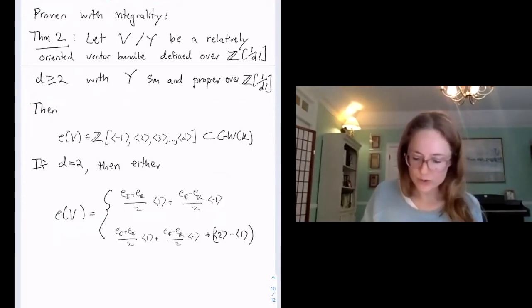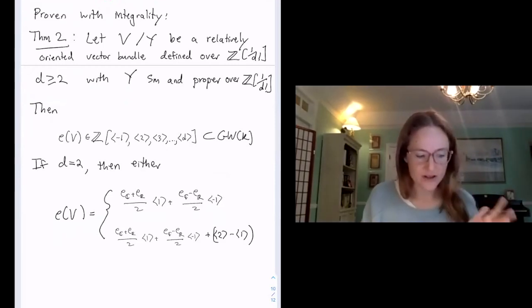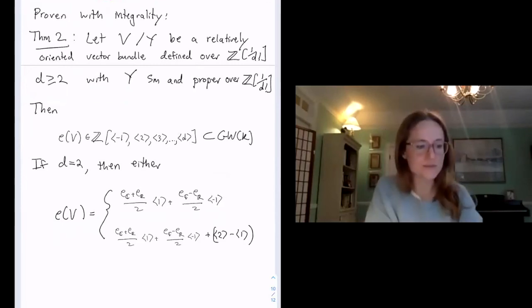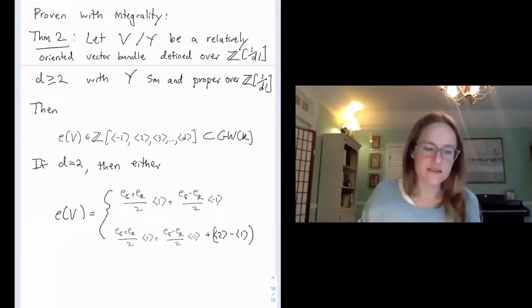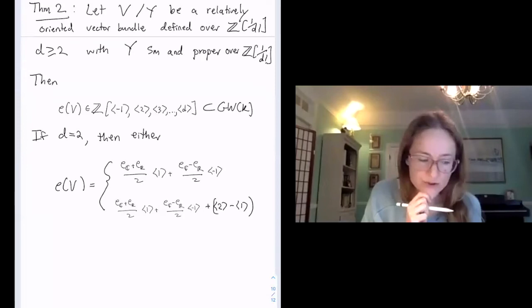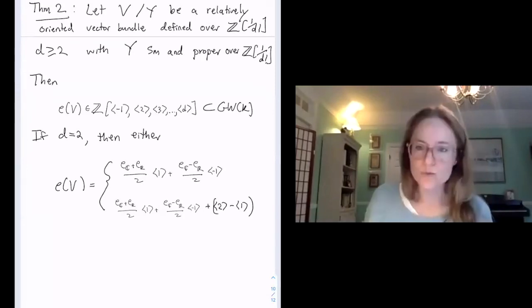Theorem 2 is proven by using an Euler class for a good SL-oriented theory, for example, KO. The d greater than or equal to 2 restriction comes from wanting to use KO.